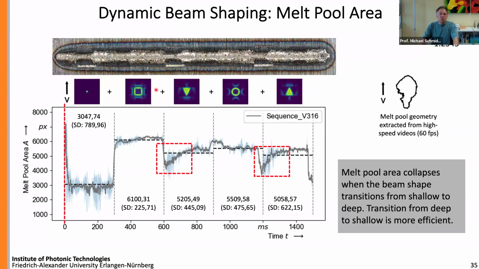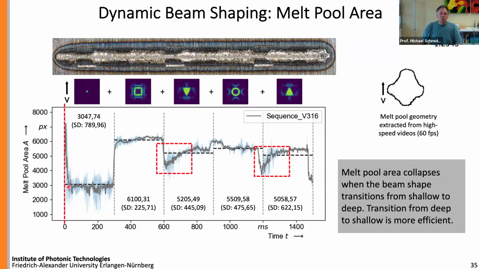What we then did is we did a sequence from the Gaussian mode to the rectangular shape, triangle, donut, triangle, other way around. And we did high-speed camera images as you've seen them just now, and we automatically captured the melt pool geometry and calculated out of that, in pixels, the melt pool area.